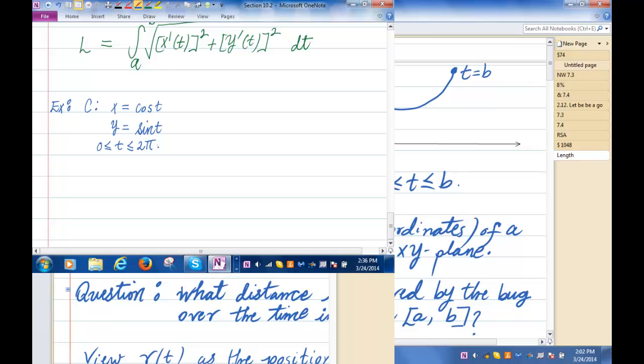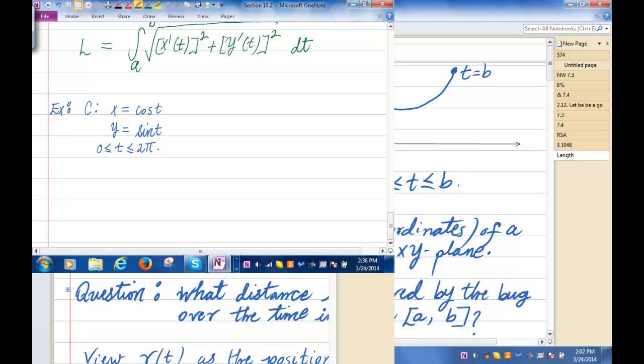So let's see if our formula gives us the same answer. By our formula, what would be the integral over 0 to 2 pi? Inside the root, I have to take the derivative of x, which is negative sine, and I have to square that.